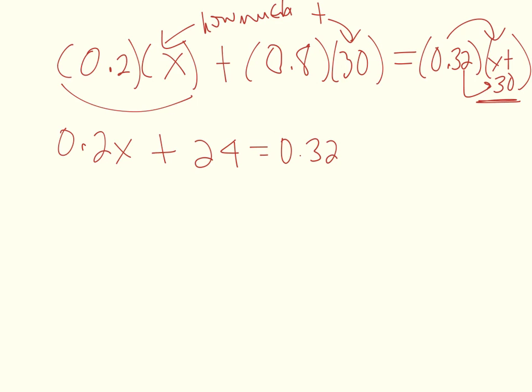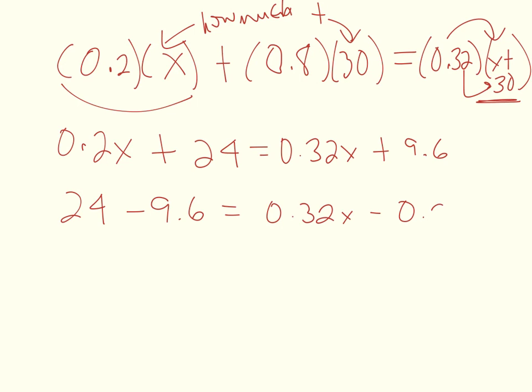So 0.32x plus 9.6. Now I'm going to rearrange the equation so that all my x's are on one side. I'm going to move over the 0.2x, but you could easily move over the 0.32 and you should still get the same answer. Just make sure that you keep your signs if they're changing.